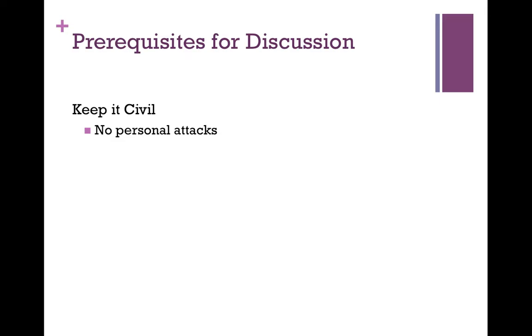But I don't want you to attack anyone personally. You might say something to the effect of, "I don't think your argument is persuasive, and here are the reasons why," or "I respectfully disagree with you, and here are the reasons why." But don't call someone a baby killer. Don't call someone a misogynist. Don't call someone any kind of personal name. That's not allowed in this class. So let's please keep it civil.